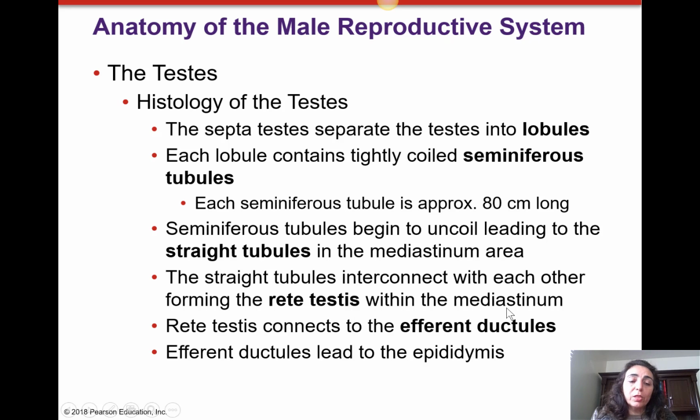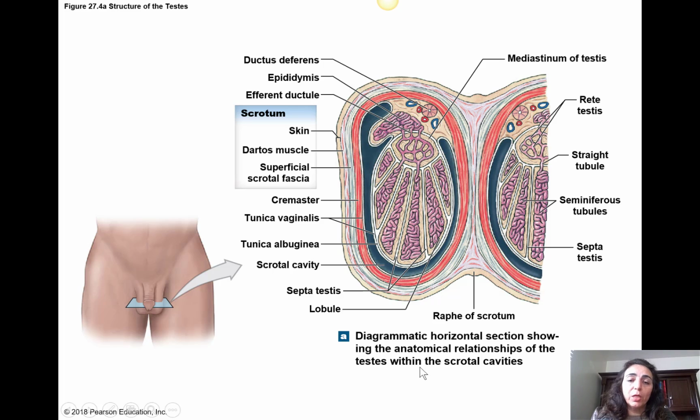And within the mediastinum, we have the rete testis, then rete testis connects to the efferent ductus that I showed you, and then efferent ductus lead to the epididymis. So here these ones are straight tubules that go from the seminiferous tubules toward the rete testis.